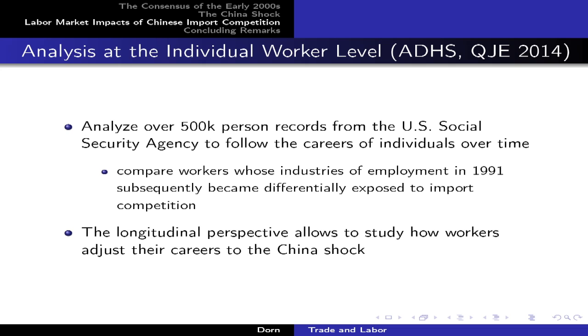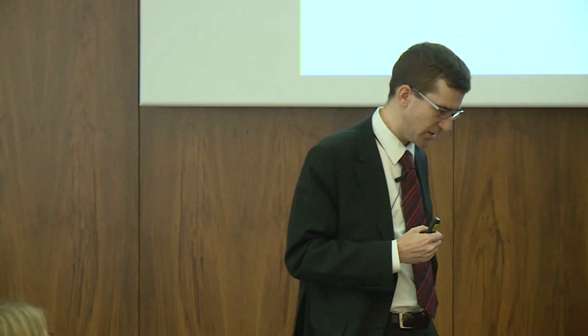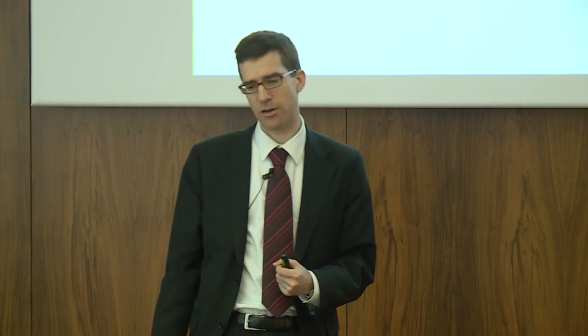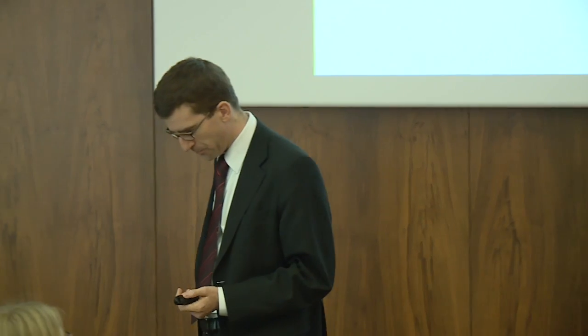We classify workers according to the industry that employed them in the early 1990s at the start of this Chinese export boom, and then trace out how workers who started in later trade-exposed industries fared differently from those in less exposed industries who had, however, otherwise similar labor market histories.